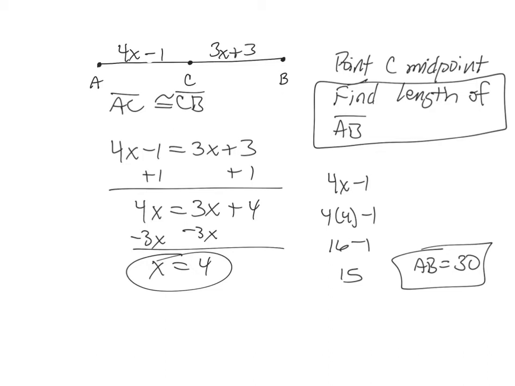And then make sure you go back and answer the question. It might say solve for x, in which case you would be done. If it said how far is it from A to C, well, A to C is 15. It might say how far is it from C to B. It might say how far is it from A to B. Go back and answer the question. Okay.